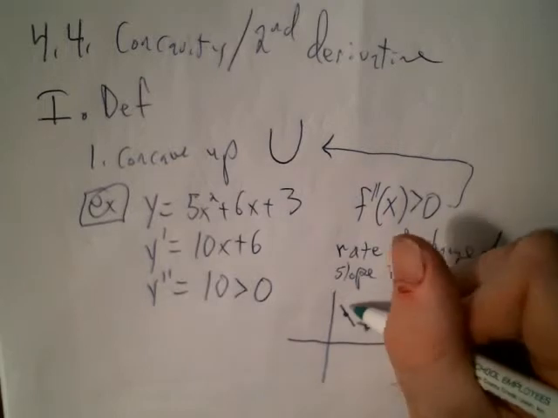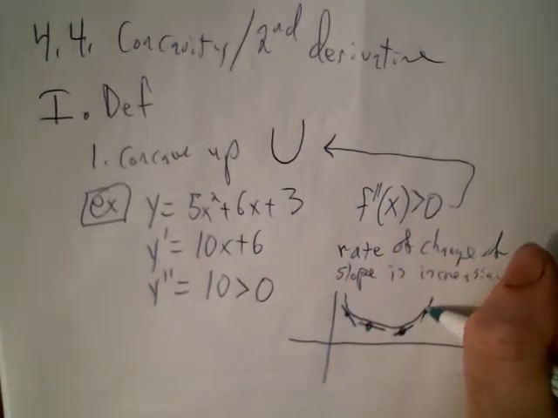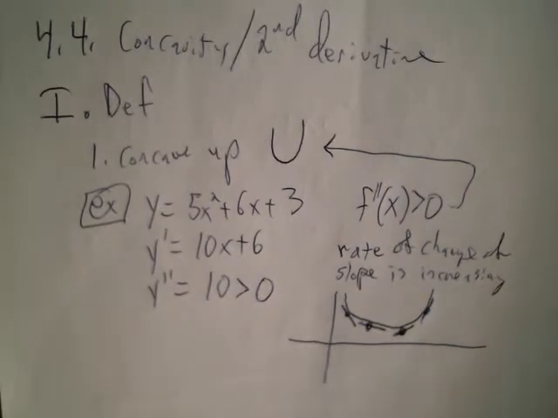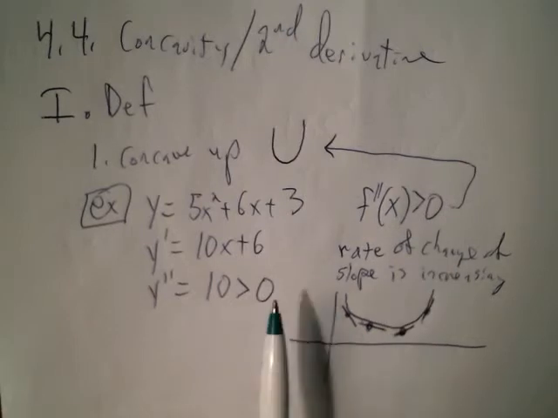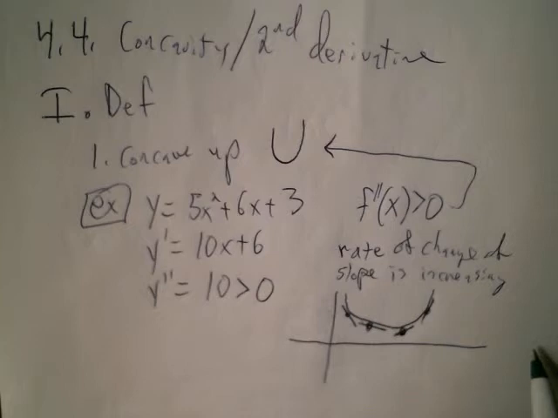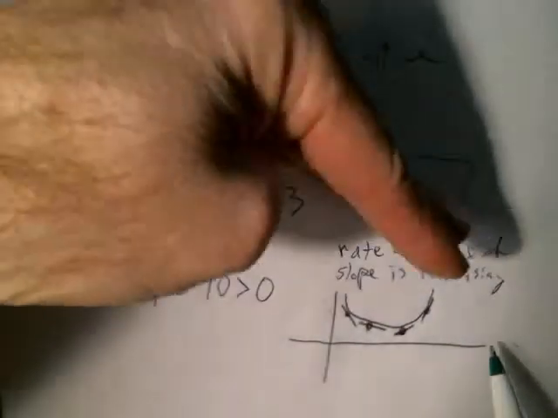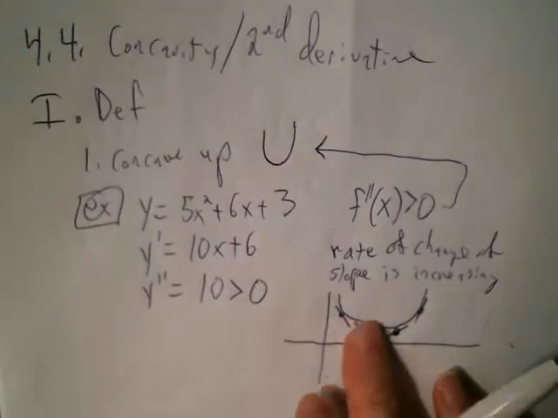Overall, you'll have this U-shape resulting. When the slopes of the tangent lines are increasing, in other words, when the second derivative is greater than 0, the little tangent lines will be turning up. They'll be going down at first and then moving in that direction.